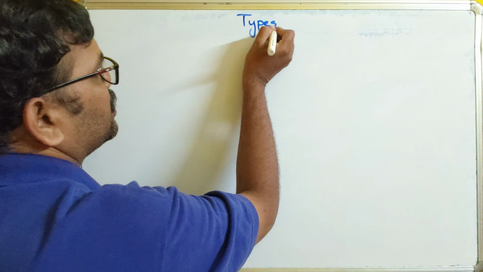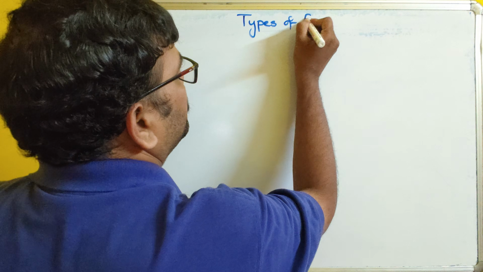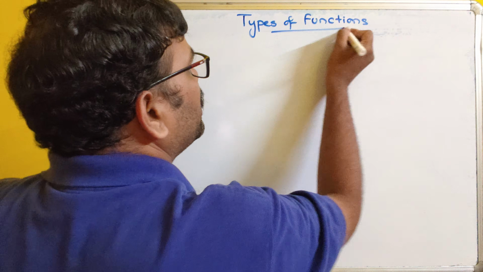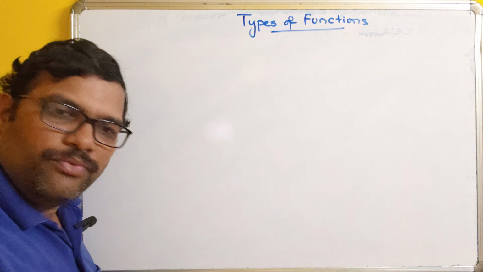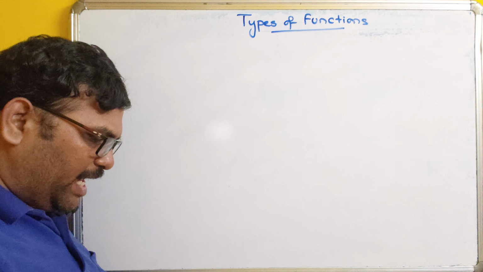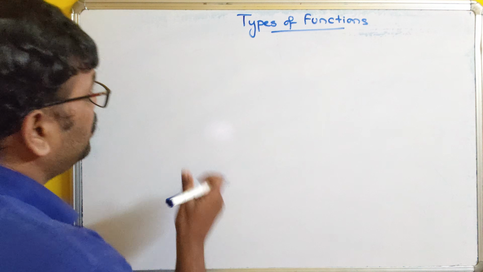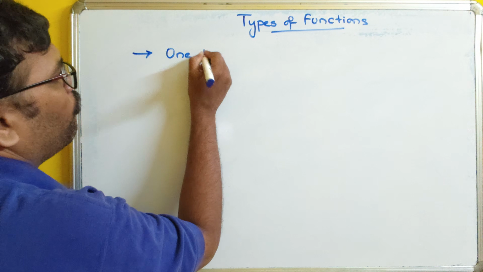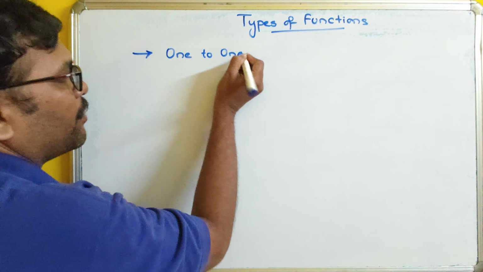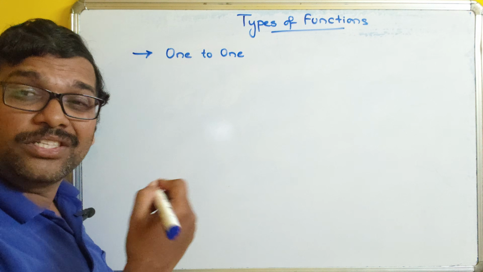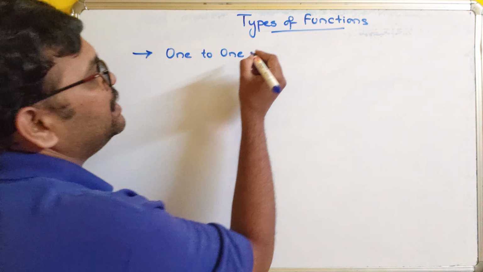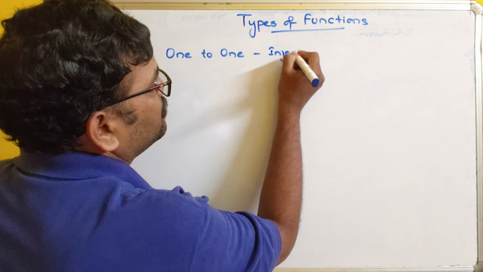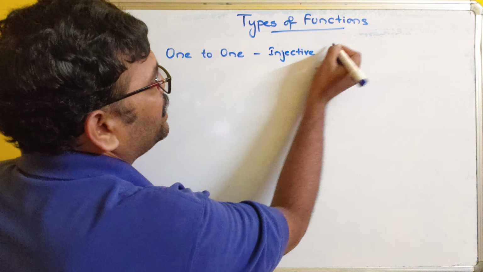Types of functions. So first I'll list out all the types of functions and then we'll see one by one with an example. The first one is one-to-one function, which is also called injective function.